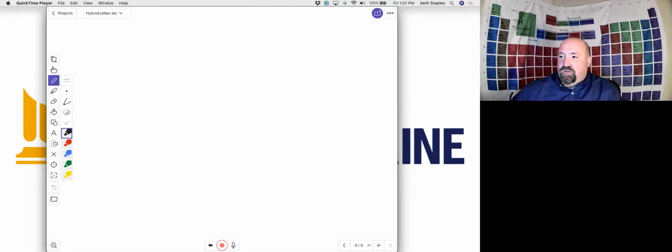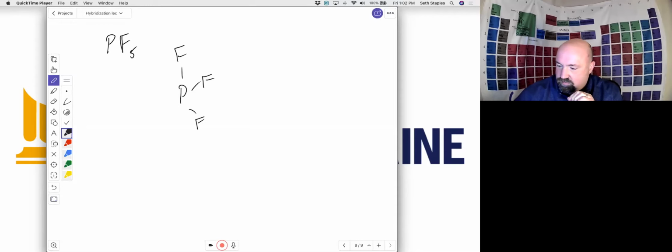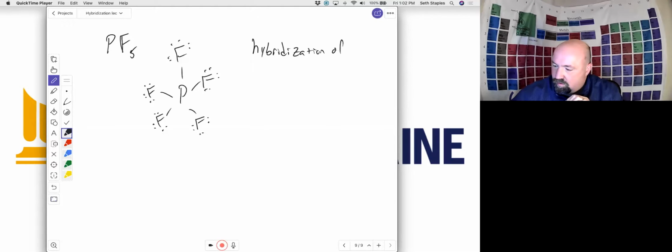So if we have the compound phosphorus pentafluoride, our Lewis structure looks like this. And now I want to know the hybridization of phosphorus.